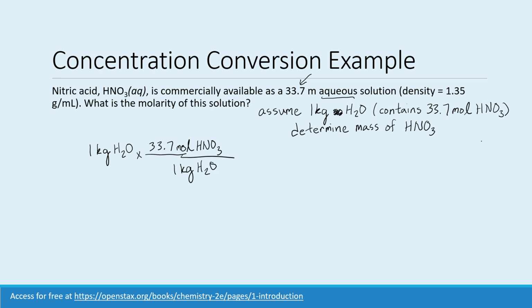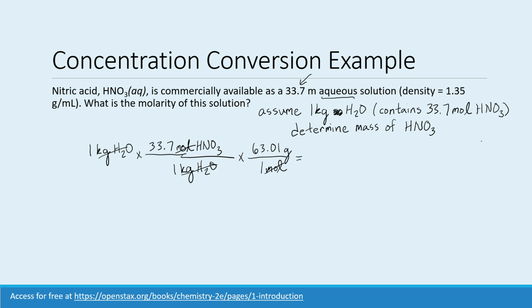So all I'm doing is I'm taking that molal concentration and writing it out with units so that the kilograms of water cancel out. And then to convert from moles to grams of nitric acid, I'm going to use that molar mass. So the molar mass of nitric acid is roughly 63.01. And this is grams per 1 mole. So moles cancel, and I'm left with the grams.